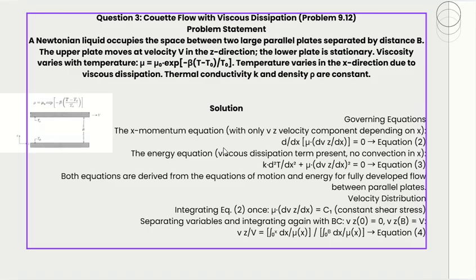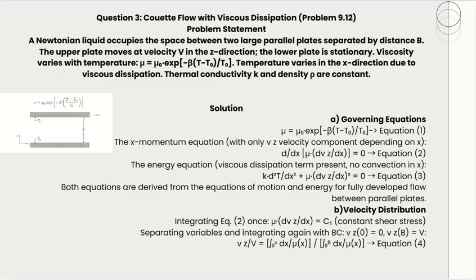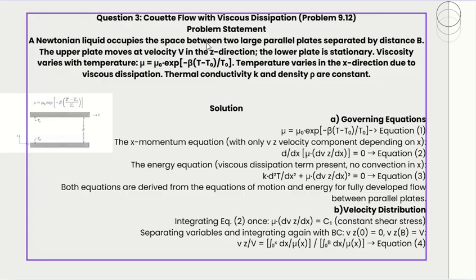So first we'll look at the A part. We have the governing equation. Let the viscosity relation be equation number 1. So since the x momentum equation, we have the vz velocity component depending on x.